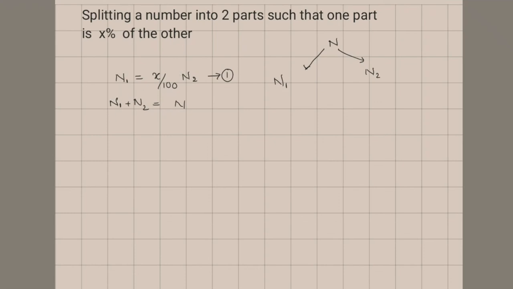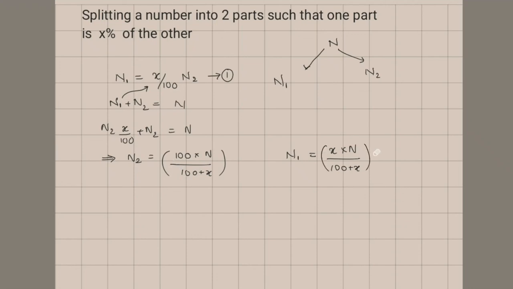So n1 is nothing but n2 into x by 100, plus n2, which is n. So what will be n2? n2 equals 100 into n by 100 plus x. So if this is n2, n1 will be x into n by 100 plus x. If you observe, if you add these two, you will get n equal to n.